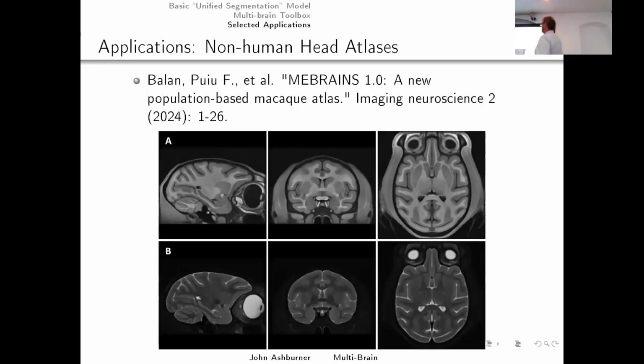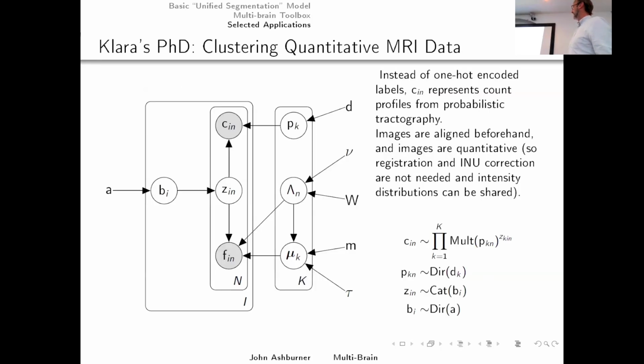Other applications. Some people wanted to generate atlases from other species. So there's a kind of population atlas of macaque brains. And many of the ideas have been used by Clara, my finishing PhD student, who uses a simplified version of the model to jointly cluster quantitative MRI and diffusion data, where the diffusion data is a result of probabilistic tractography from the FSL crowd.